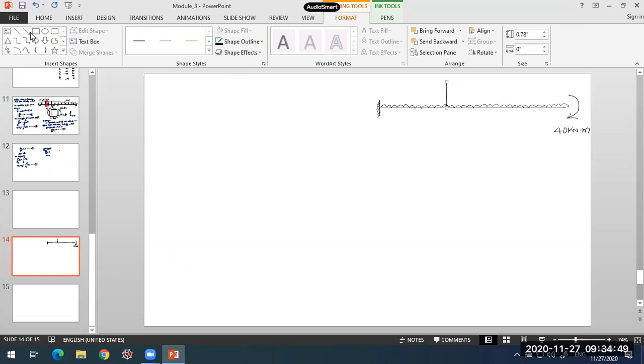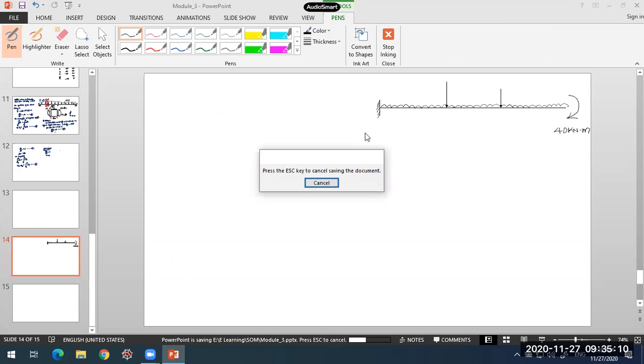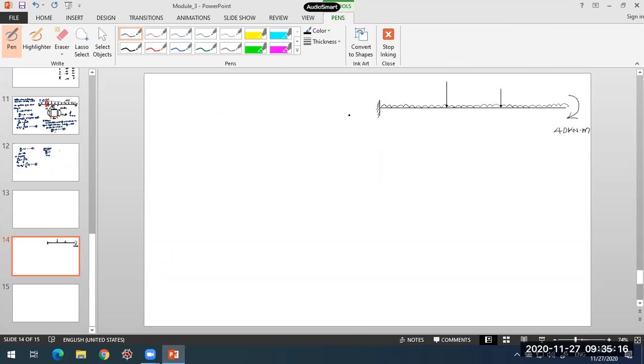So this is one, and one more at this point. This is 30 kilonewton, and this is 10 kilonewton.